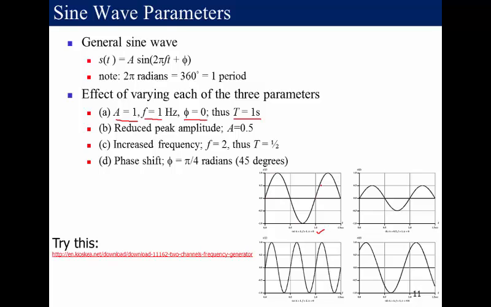If we say, hey, let me decrease the amplitude by half, then the signal becomes like this. This is exactly half, right? Half the amplitude from here to there. So this is B. For C, we can double the frequency from 1 to 2.